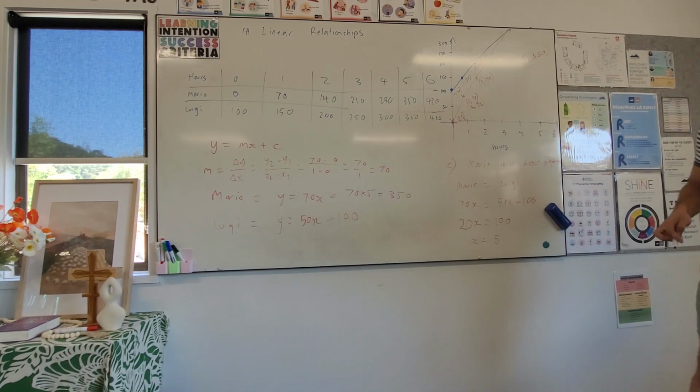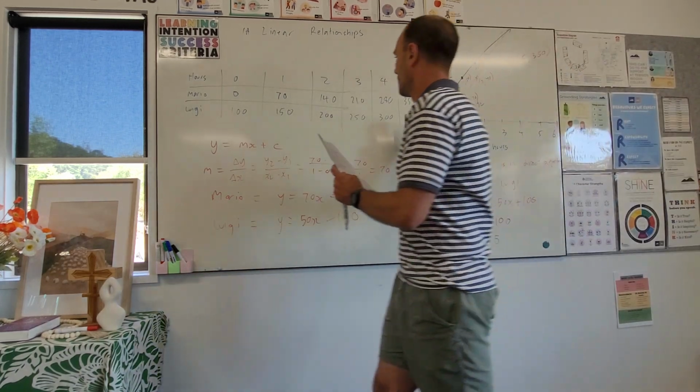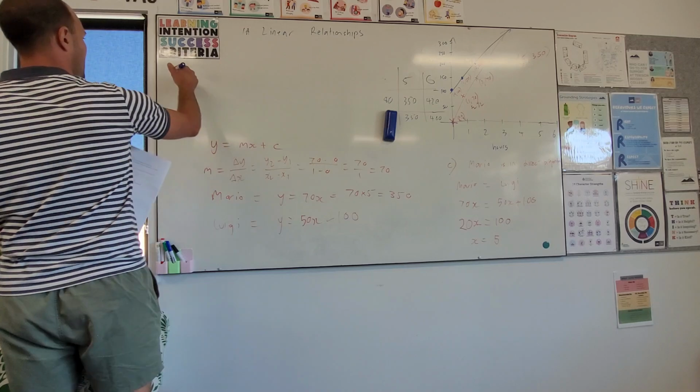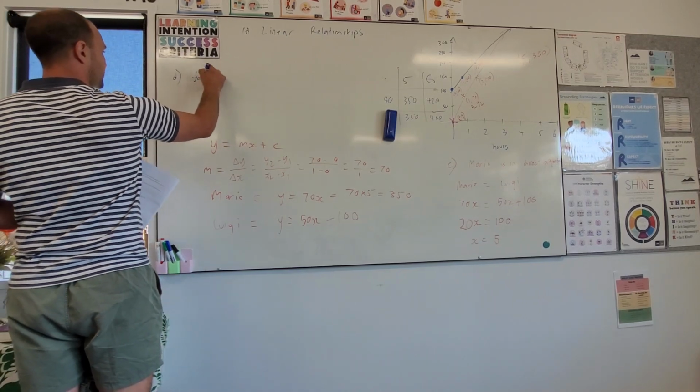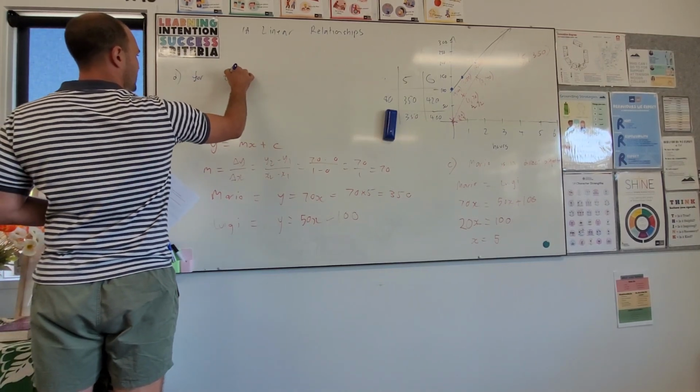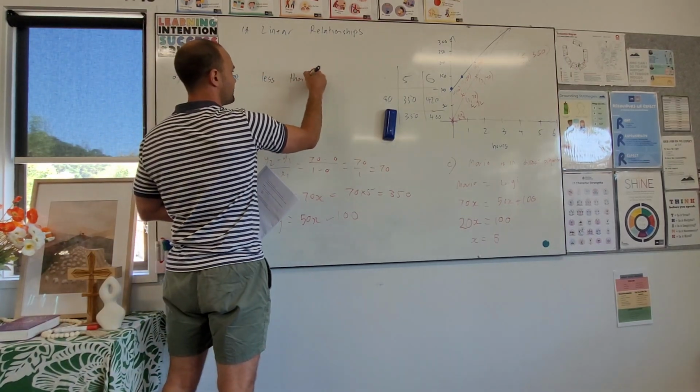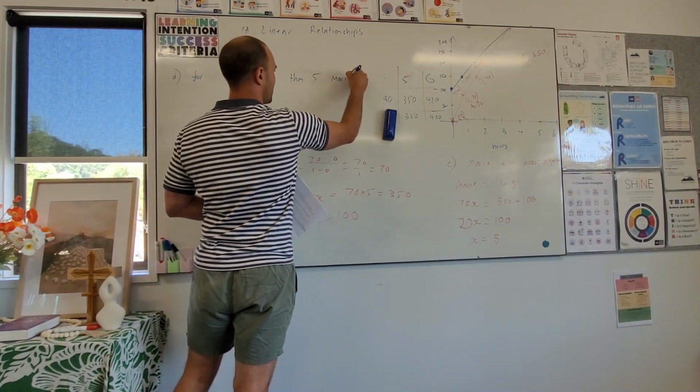Explain the significance of this. I'll clear some room where our table was, and we'll write something like: for time less than 5, Mario is cheaper.